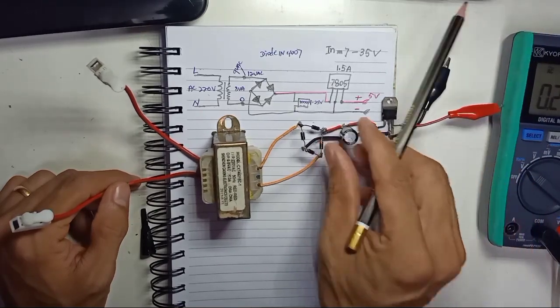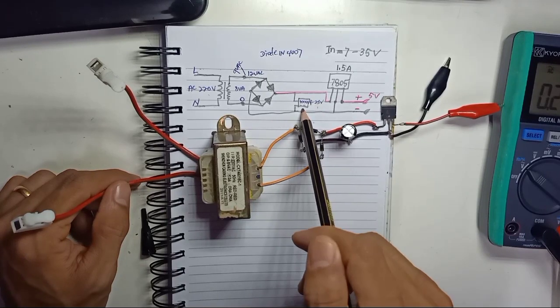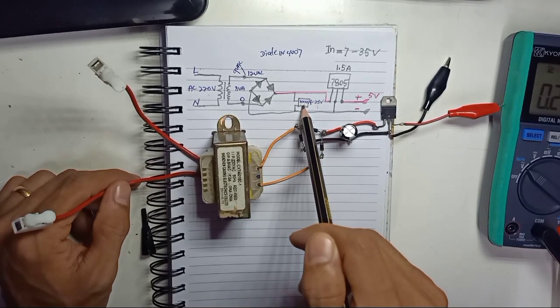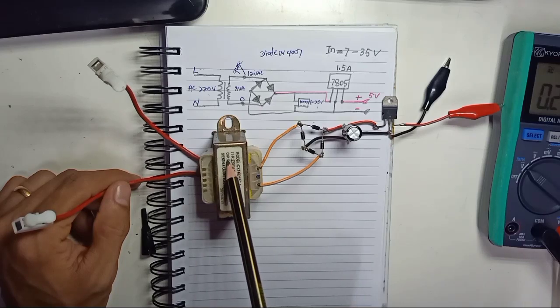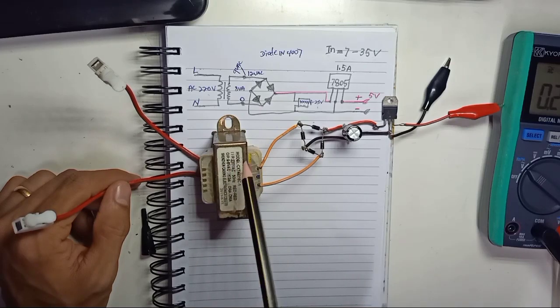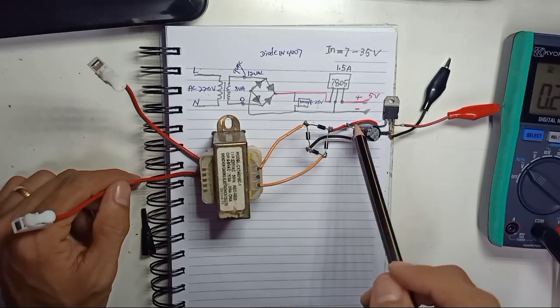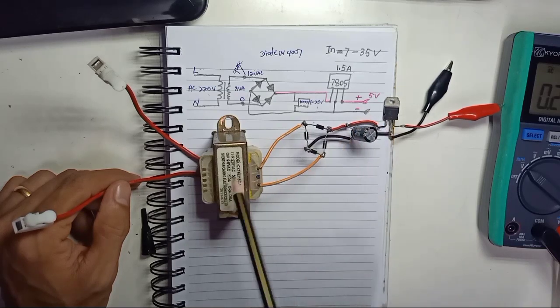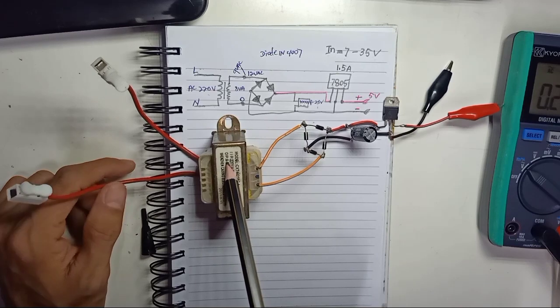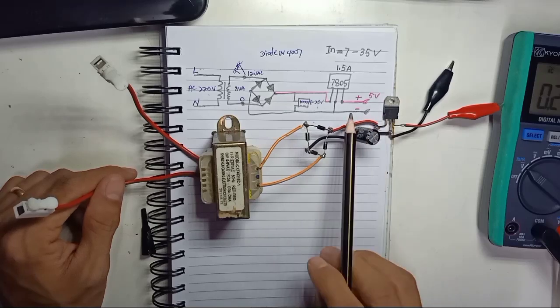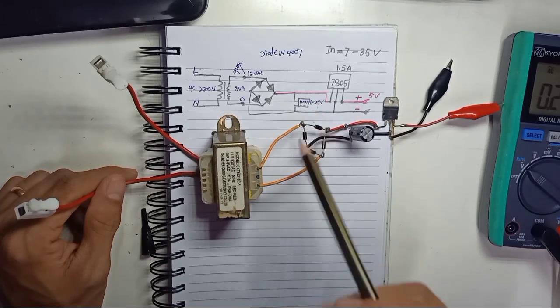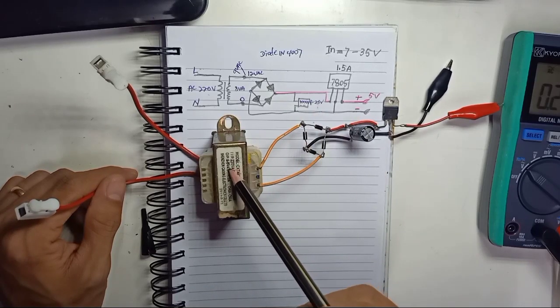I'm using a 25 volt, 1000 microfarad capacitor, because my transformer is 9 volt. You can use 9 volt, 12 volt or 15 volt transformers with it, but you have to choose a capacitor voltage higher than your transformer voltage.